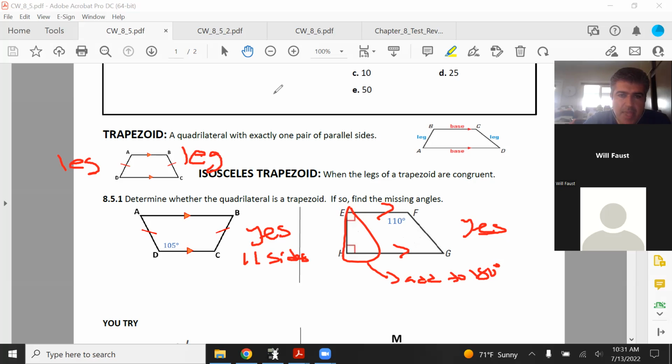So when you're asked to find the missing angles, this would be 105 degrees. This would be 75 degrees. This will also be 75 degrees.